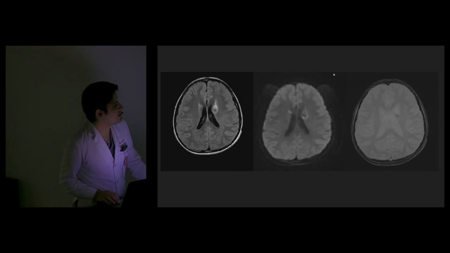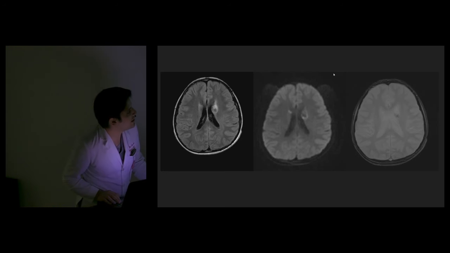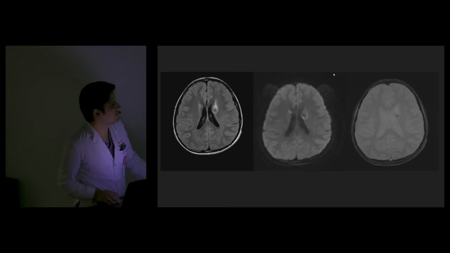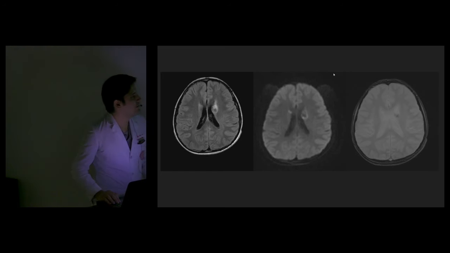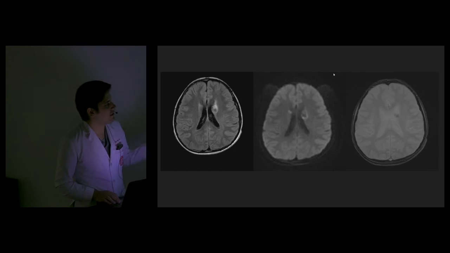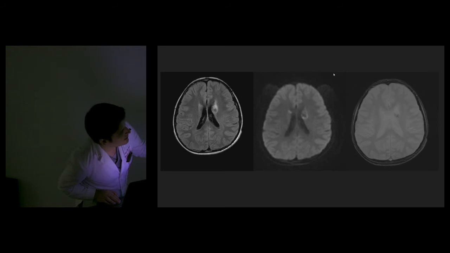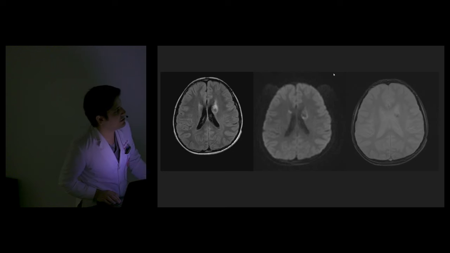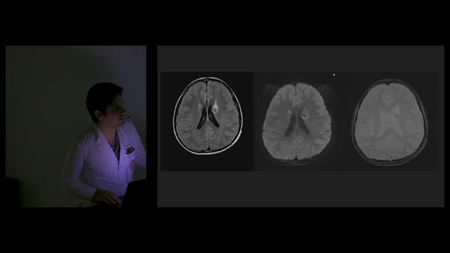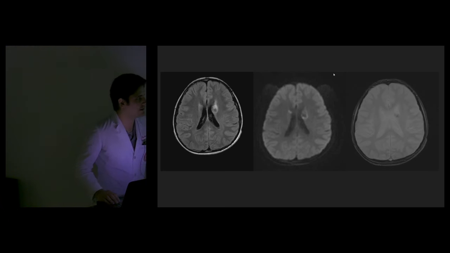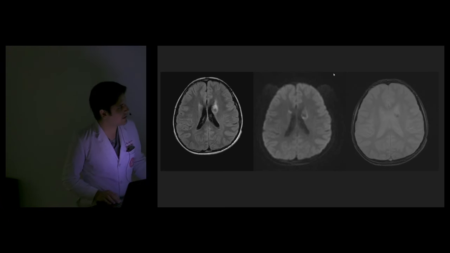Here we could see a T1 contrast enhanced image on the left, and you could see a lesion on the basal ganglia that was rim enhancing, heterogeneous, that showed restriction on the diffusion weighted image, and also a hemorrhage component on the paramagnetic sequence.